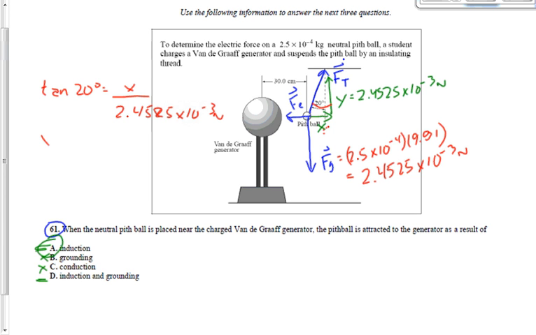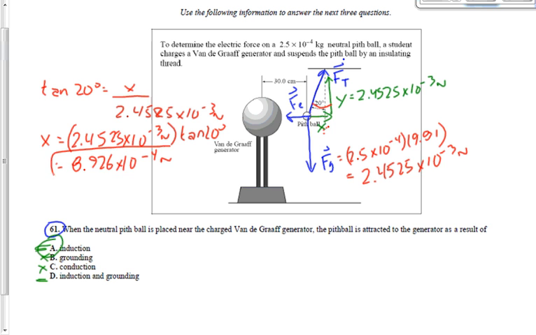So x, the x component of the tension, and therefore the electric force, ends up being equal to 2.4525 times 10 to the negative 3 newtons times tan 20. That's 8.926 times 10 to the negative 4.